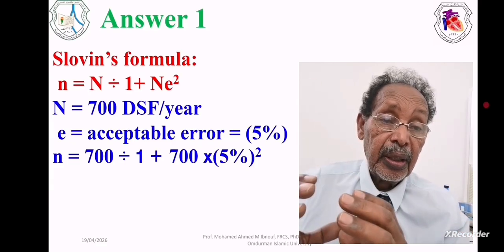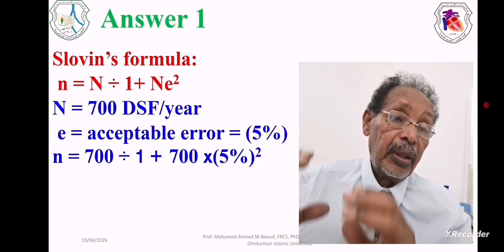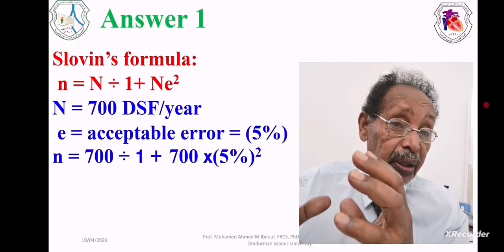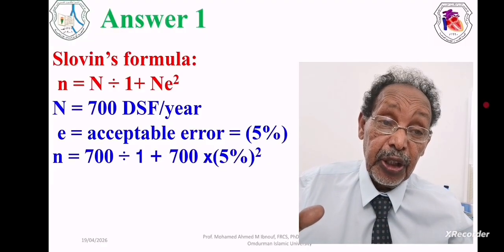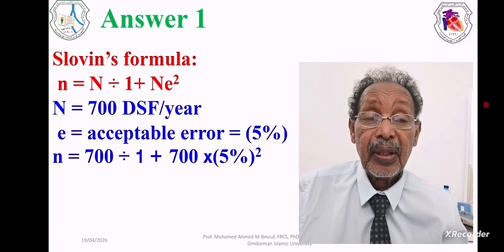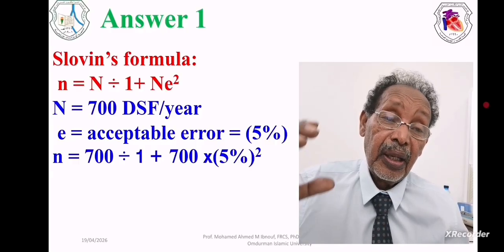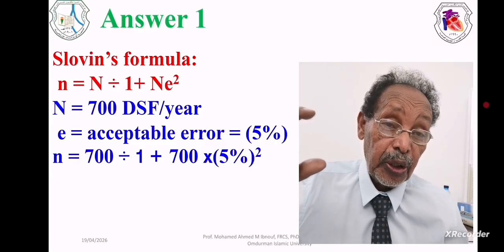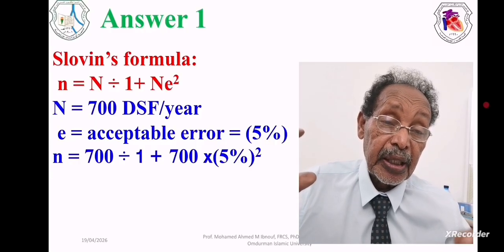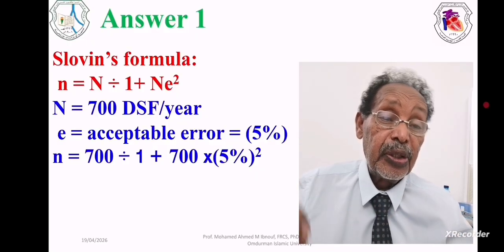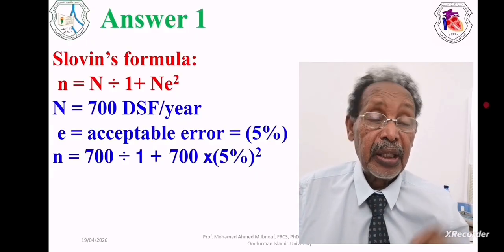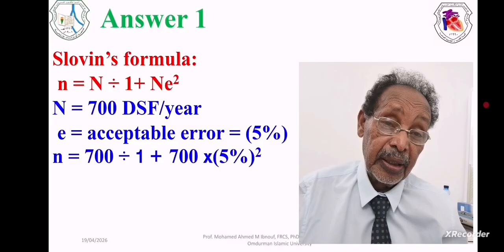Half of this one is 0.5, which is equivalent to 50%. 0.05 is equal to 5%. Now clear, isn't it?